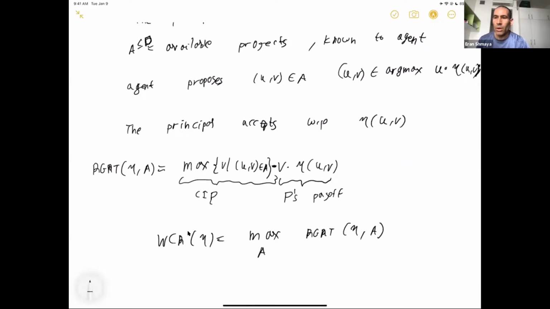And the principal's goal is to minimize worst case regret. Find the mechanism that minimizes worst case regret. Okay, so I think I'm done with the model.